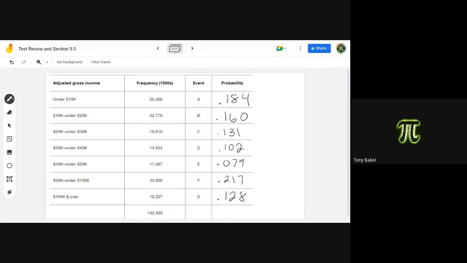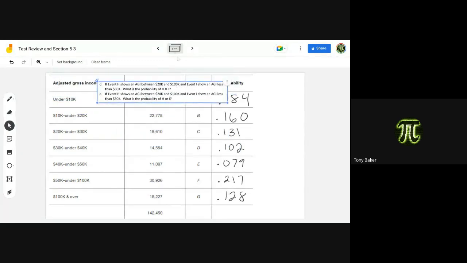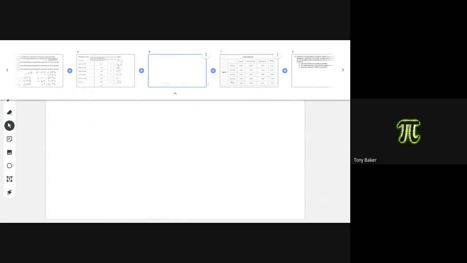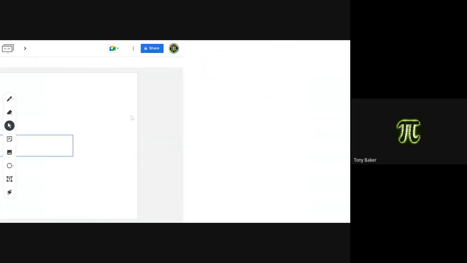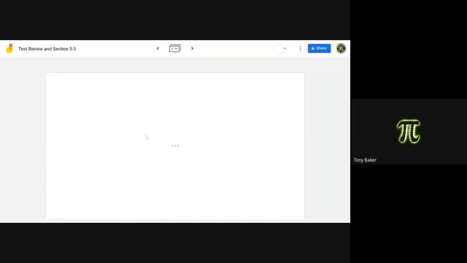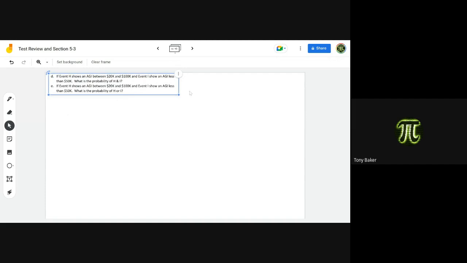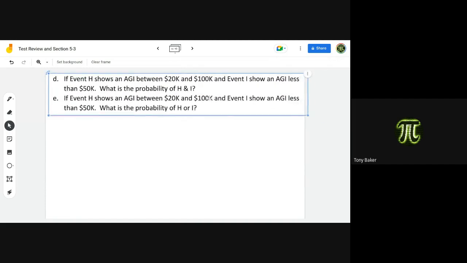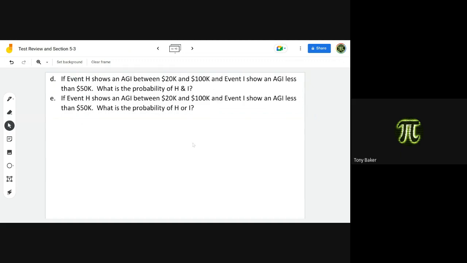All right, so the last two are a little trickier. It says if event H shows the AGI between 20 and 100, and event I shows AGI less than 50, what's the probability of H and I?